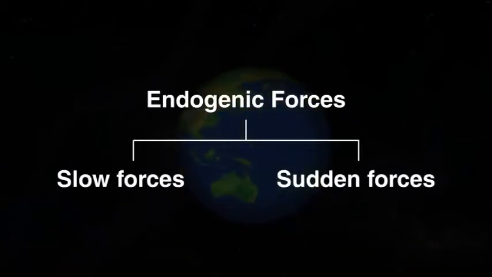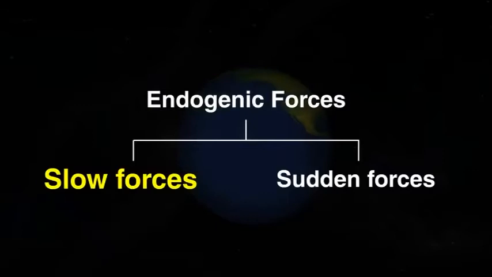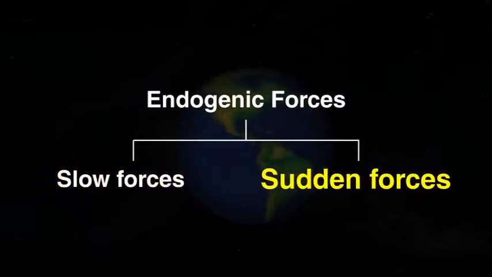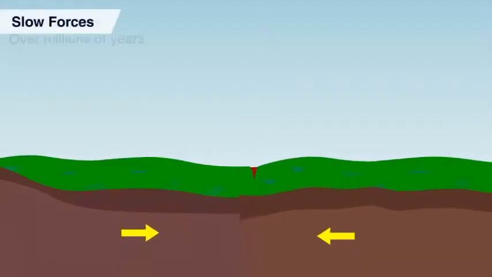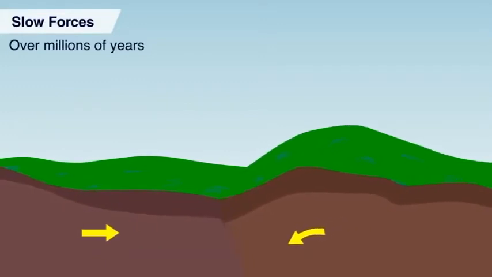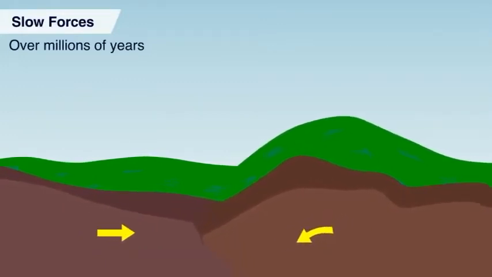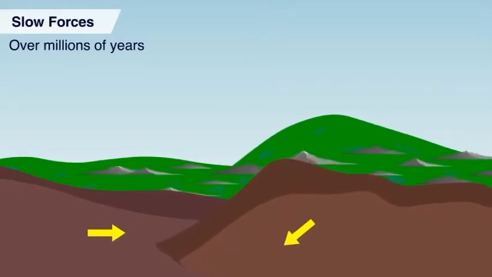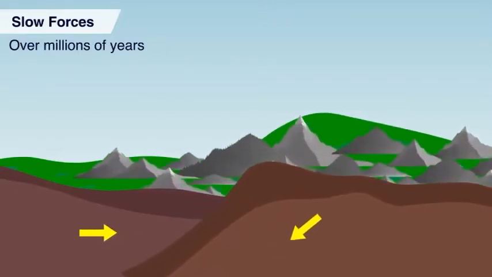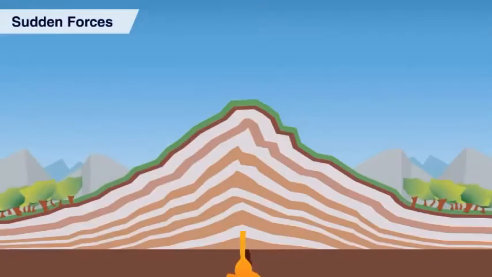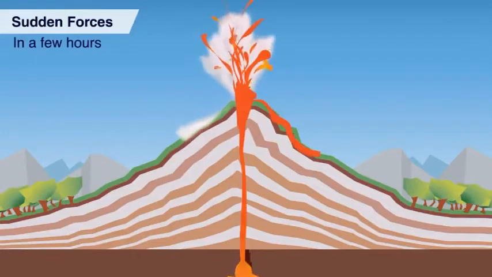For example, formation of mountain, it happens as a result of the tectonic activity. It starts within the earth or in the interior of the earth, but it is a slow process.